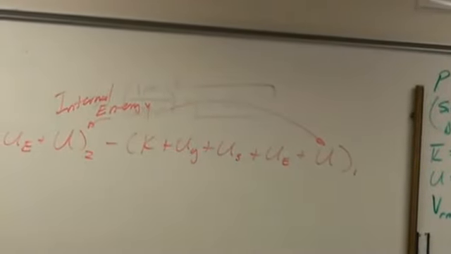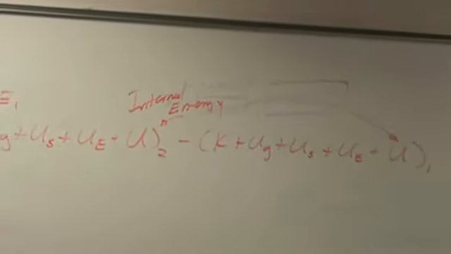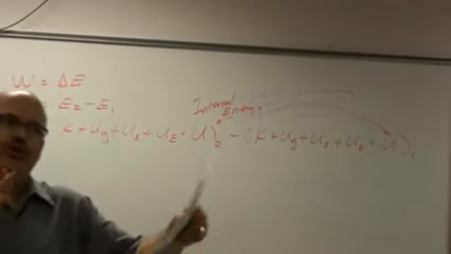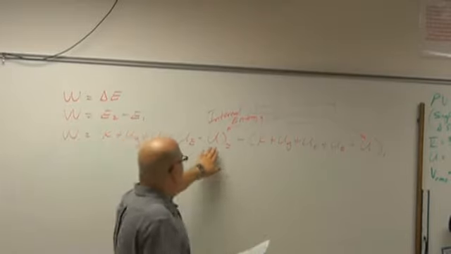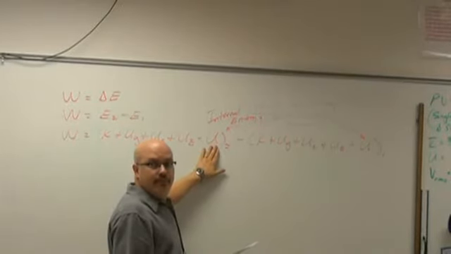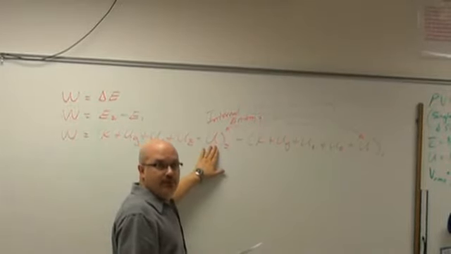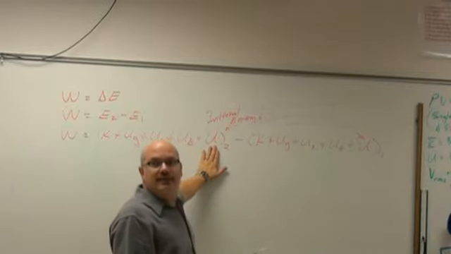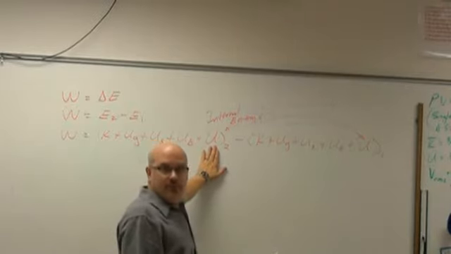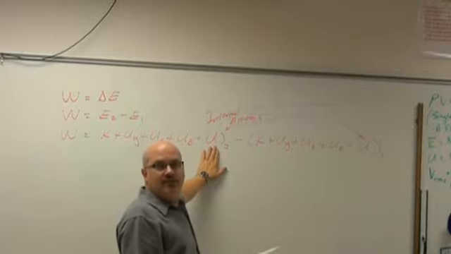Now, I know it looks kind of ugly and it's kind of confusing because we use U for potential energy and we use U for internal energy. But U with no subscript means the thermal energy of the object. So now we're incorporating what's going on inside the object itself. And that's new. That's change number one.